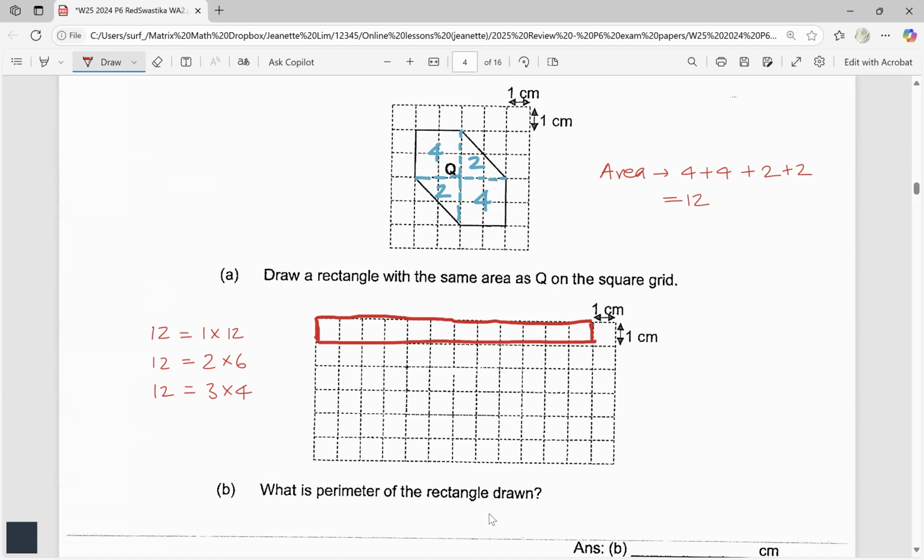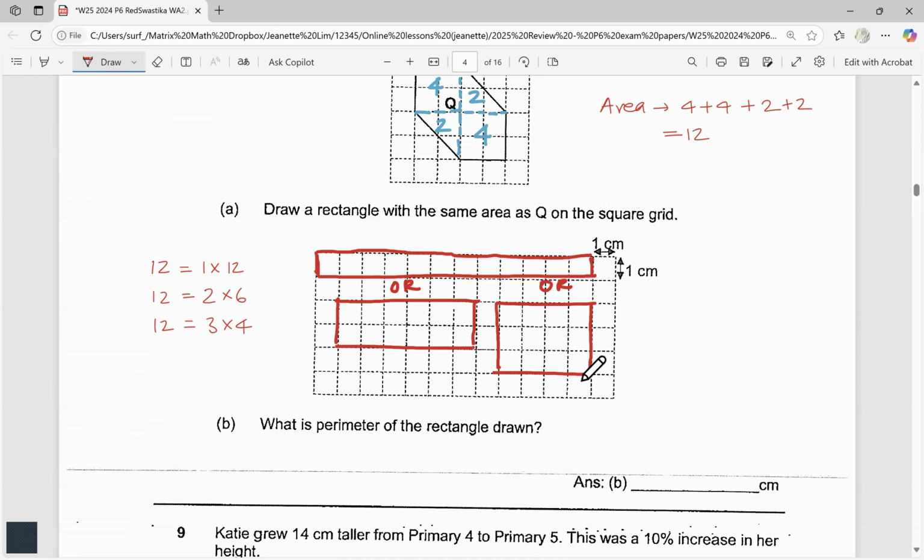Okay, so this is one of the answers, and then 2 times 6. Okay, so 2 times 6, 5, 6. This, or 4 by 3, 3 by 4, 4 by 3, whichever, both are acceptable. You use a ruler. So these are 3 possible answers.